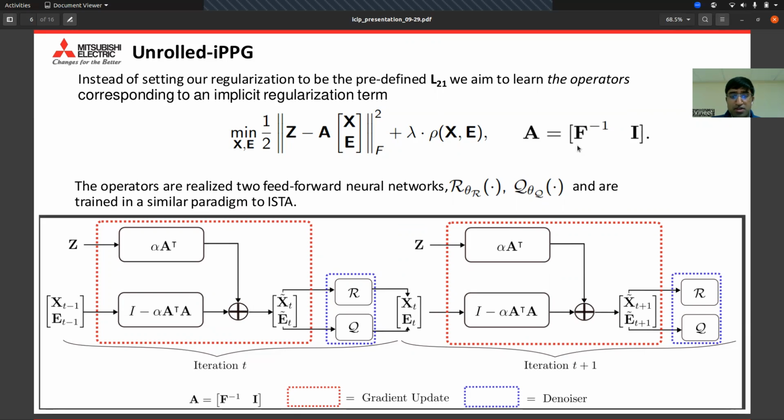We then compute the gradient of the loss with respect to the parameters and update the parameters of the network.